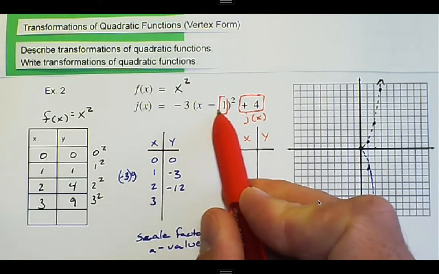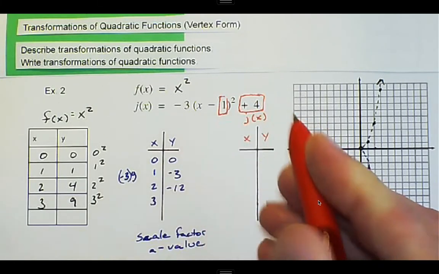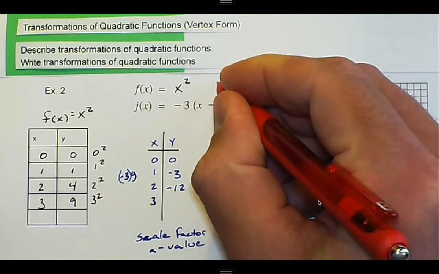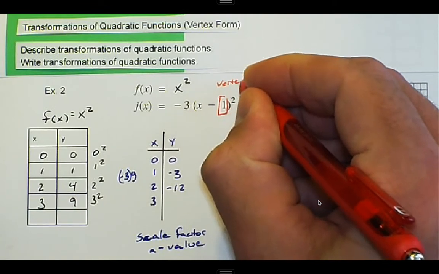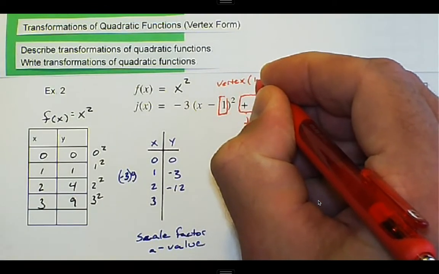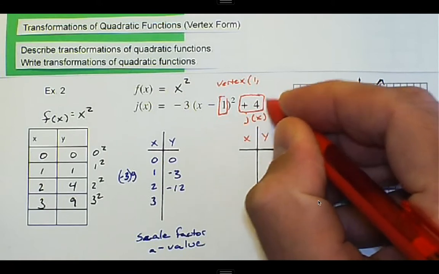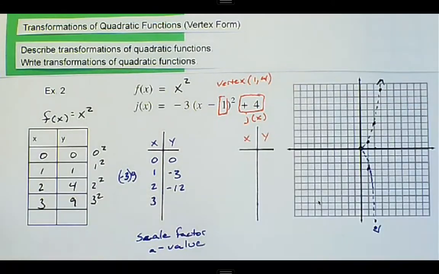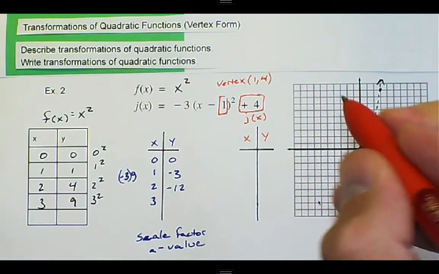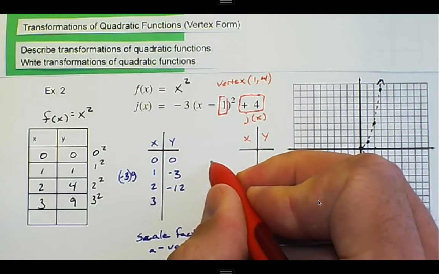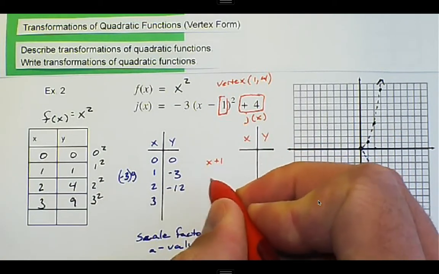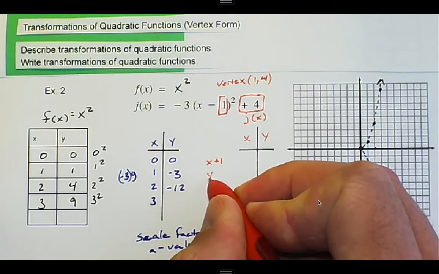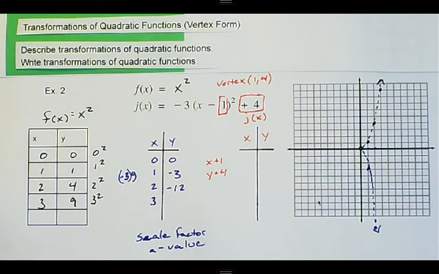It says negative 1, but really this is going to be a positive 1 for the vertex. And then the k value is straightforward, so our vertex is going to be at (1, 4). So we're going to take all the x values and add 1, and take all the y values and add 4, and then that's going to be our graph.